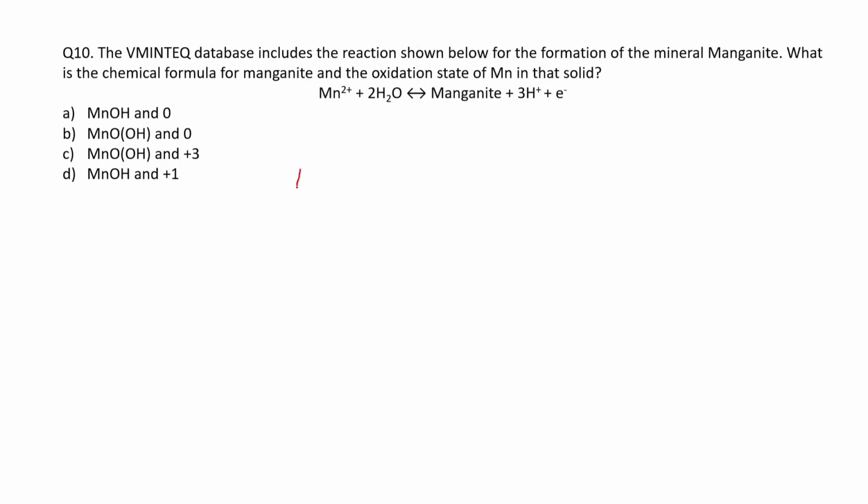So we can see that manganese, Mn, this is +2. It is forming magnetite, that will be MnOH.